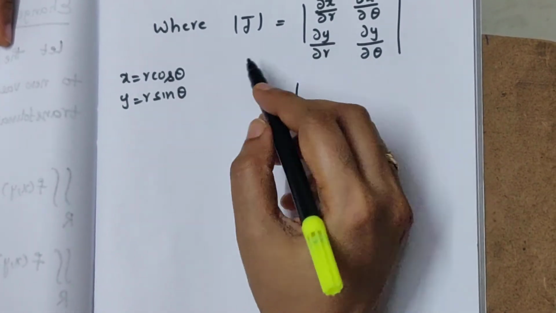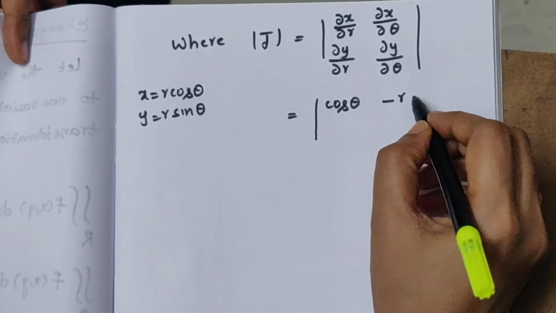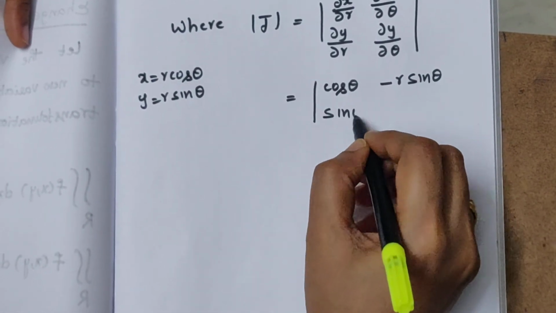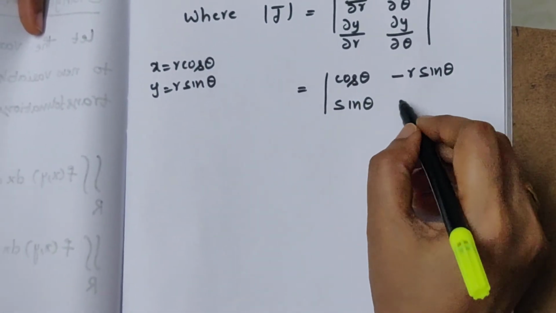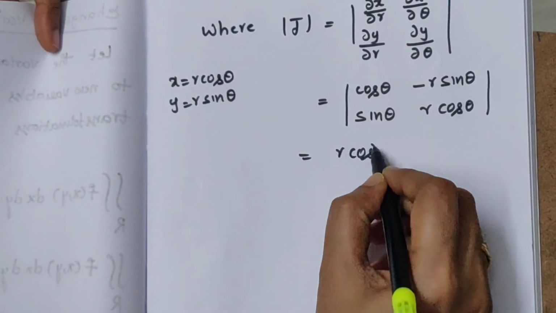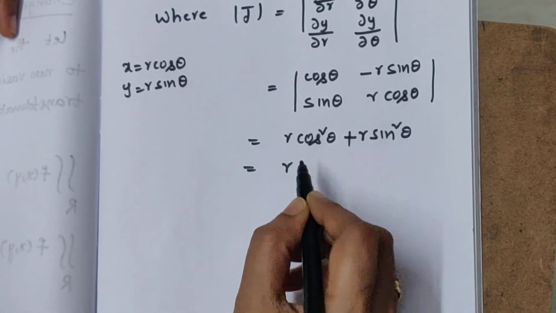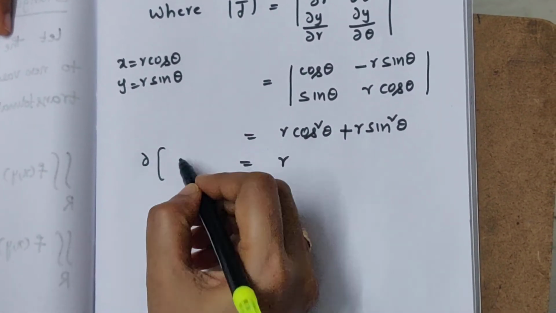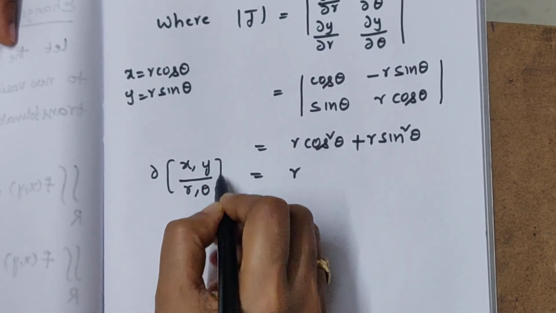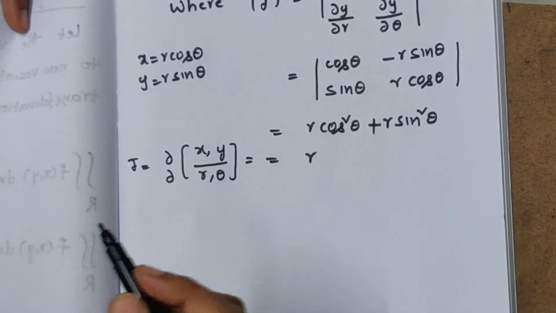Dou x by dou r is cos theta, dou x by dou theta is minus r sin theta, dou y by dou r is sin theta, dou y by dou theta is r cos theta. By evaluating that, r cos square theta plus r sin square theta. This is r. This is the Jacobian of x comma y with respect to r comma theta.